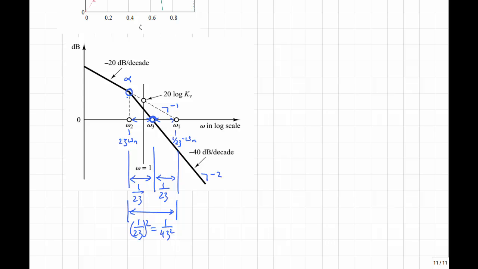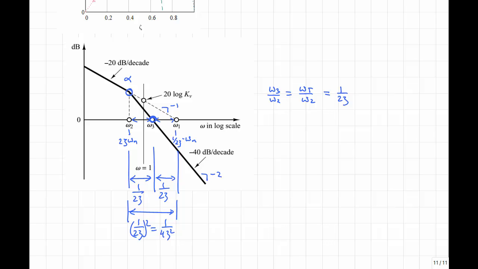Then the difference between the two, omega 3 over omega 2, which is omega t over omega 2, is equal to 1 over 2 zeta, because of this span right here.